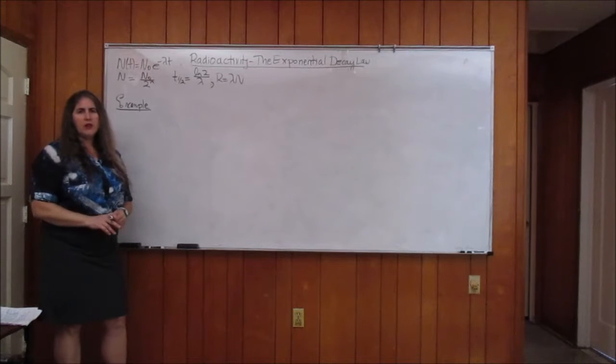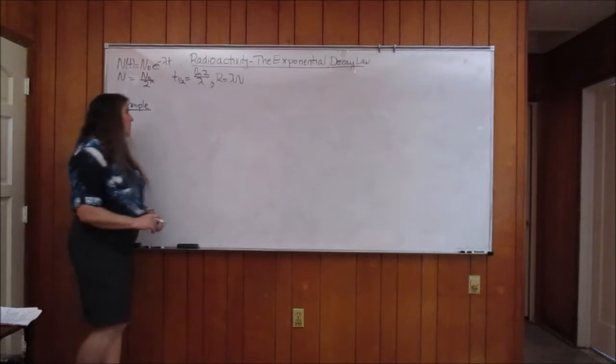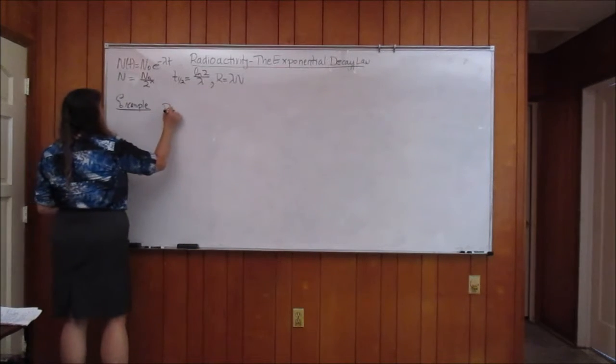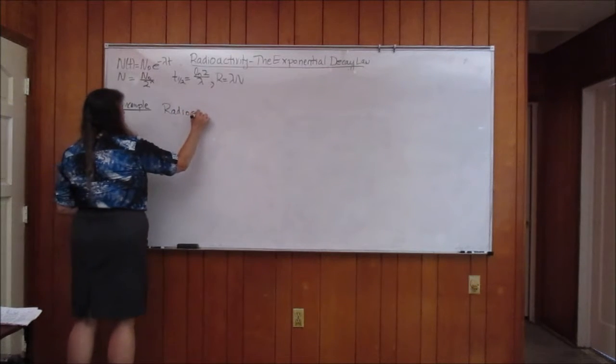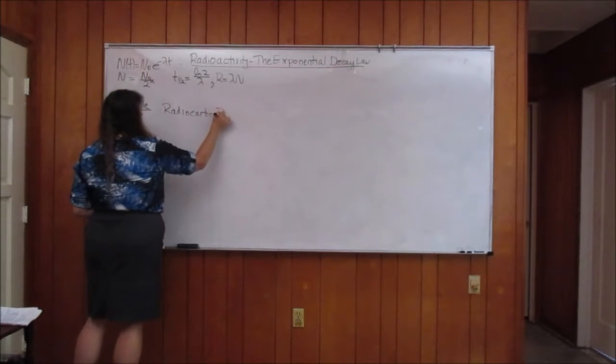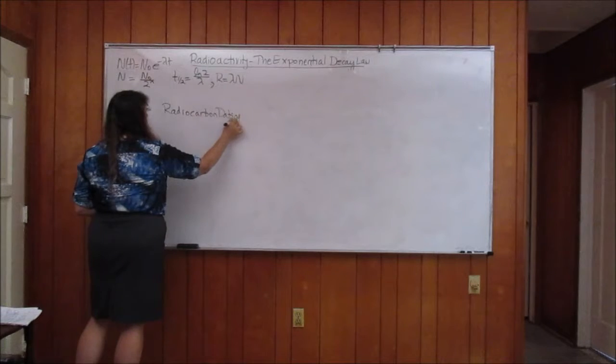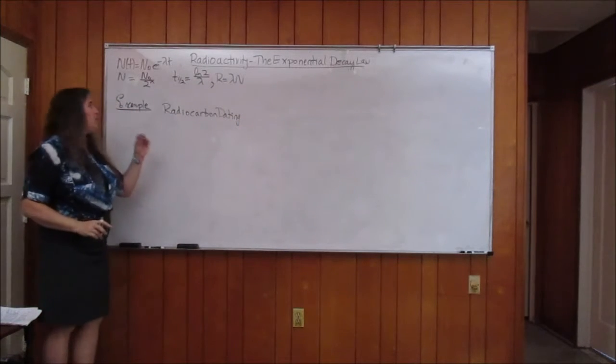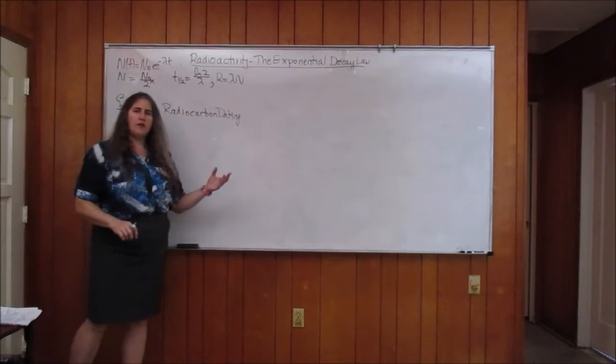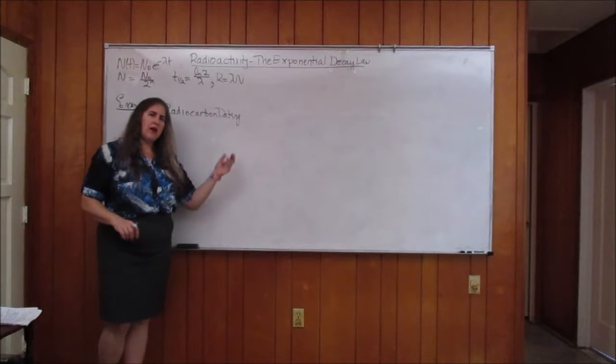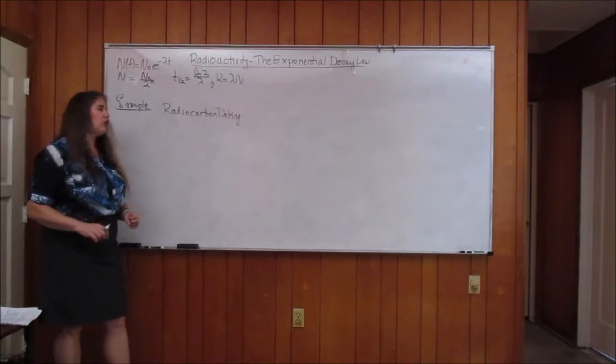The last example that I'm going to work through today has to do with radiocarbon dating. And the procedure is that you measure the activity of a certain sample, and from that you can go backwards and determine how long ago it was produced.